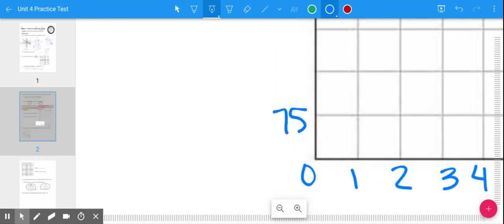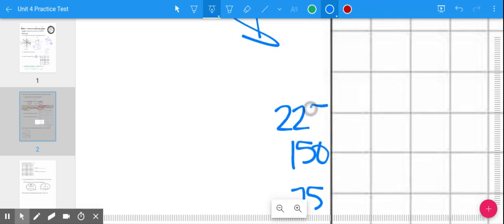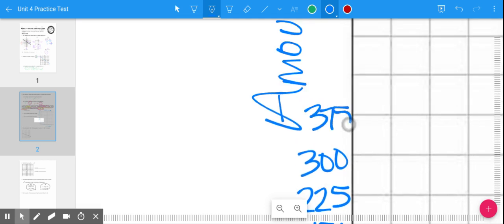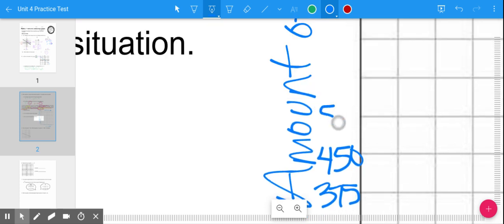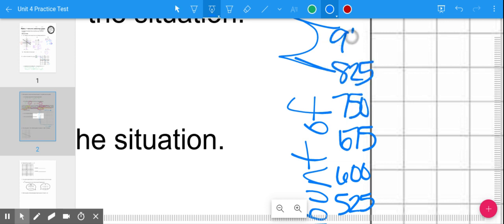So 75, 150, 225, 300, 375, 450, 525, 600, 675, 750, 825, 900. I'm only going to go up there.